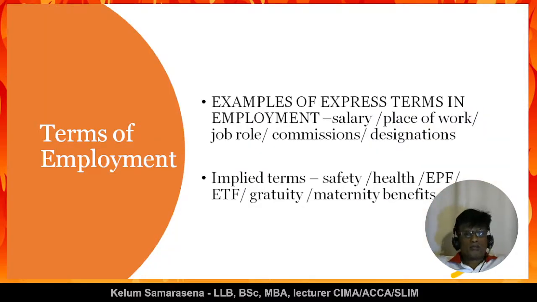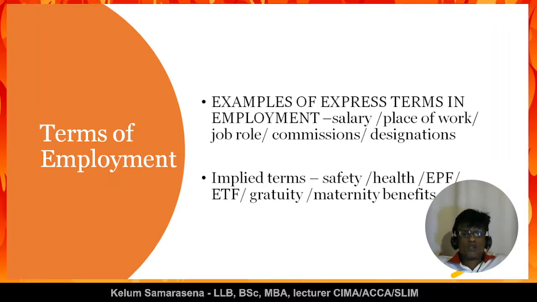These are some examples. Place of work, yes. Commissions, job role, designation, what sort of work, what kind of job, what's the maximum, what's the range of work, all that should maybe be mentioned in the express terms of an employment contract. Implied terms come from the law. Safety at the workplace, health comes in the law, Employees' Provident Fund, Employees' Trust Fund, gratuity, that's the Payment of Gratuity Act, and of course the maternity benefits.